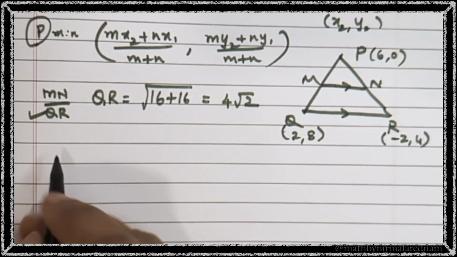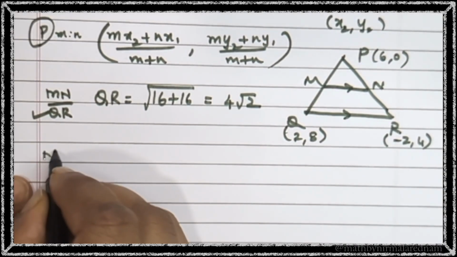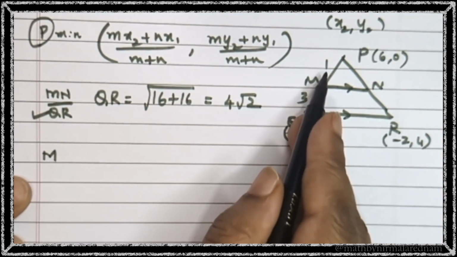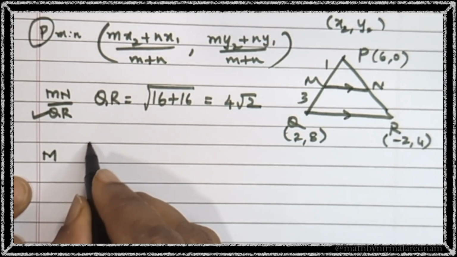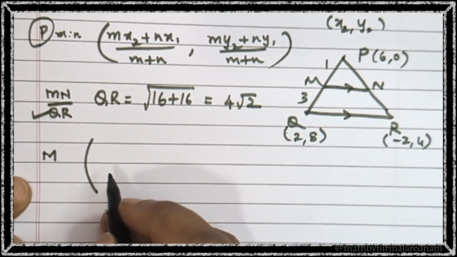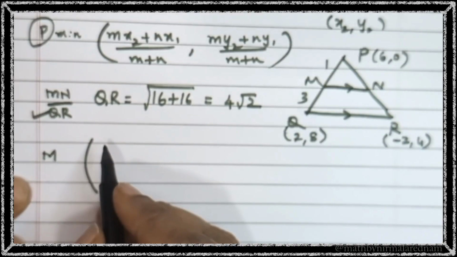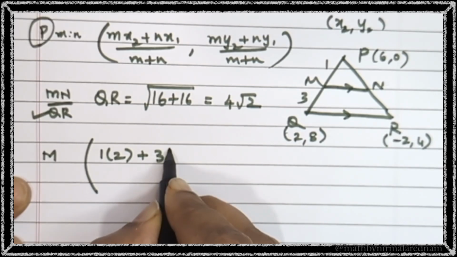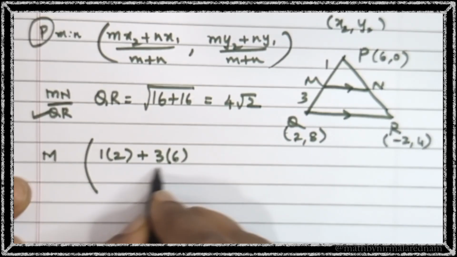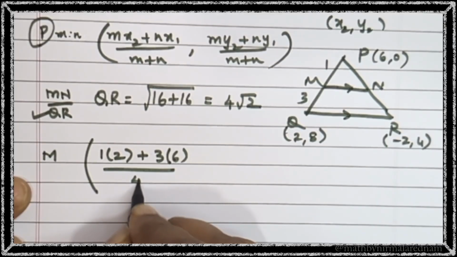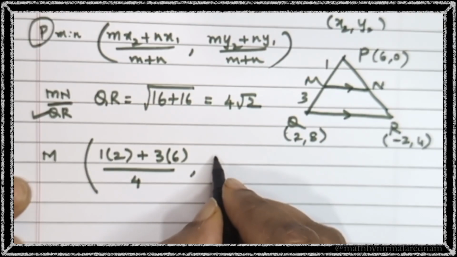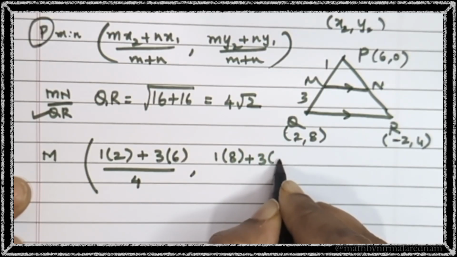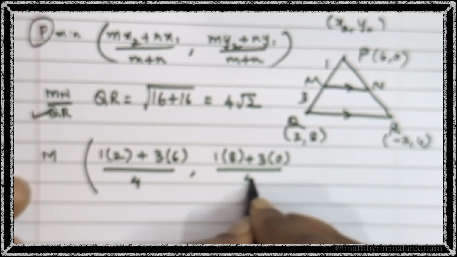So denominator is already known to us. Now in order to find MN, first I have to find M and N. So M divides PQ in the ratio of 1 is to 3, right? So m is 1, n is 3, and I'm going to find the coordinates. M, which is 1, x2, which is 2, plus n, x1, which is 6, by m plus n, which is 4, and again m, y2, which is 8, and n, y1, which is 0, by m plus n.